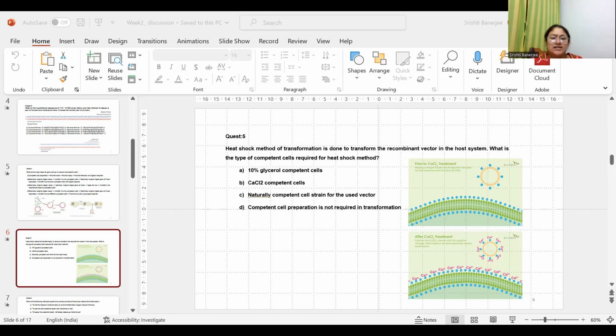What can be the best explained role of calcium chloride? So it imparts a positive charge to the cell wall. And why isn't option A and B correct? Eventually it helps in creating pores in the cell membrane to let the plasmid in, or it makes the cell membrane more permeable to accept foreign particles. So why isn't A and B the answer here? Anyone? And why is it specifically C?